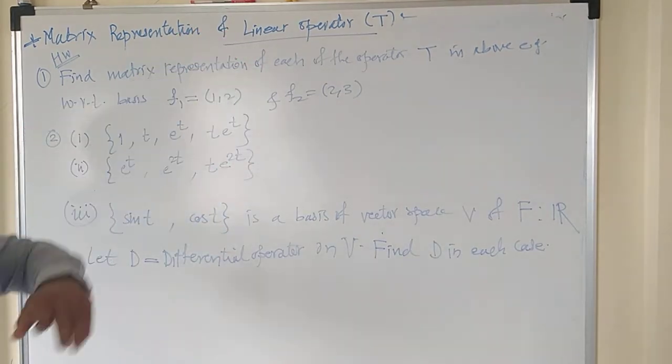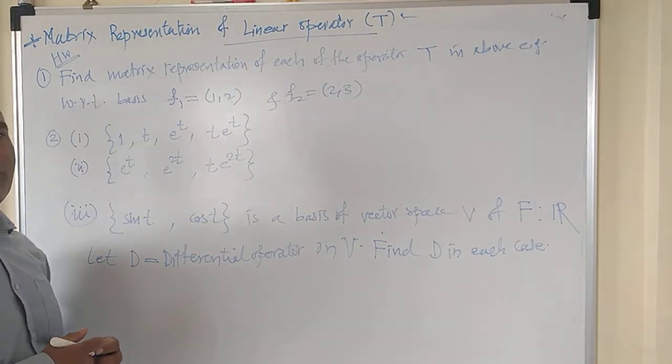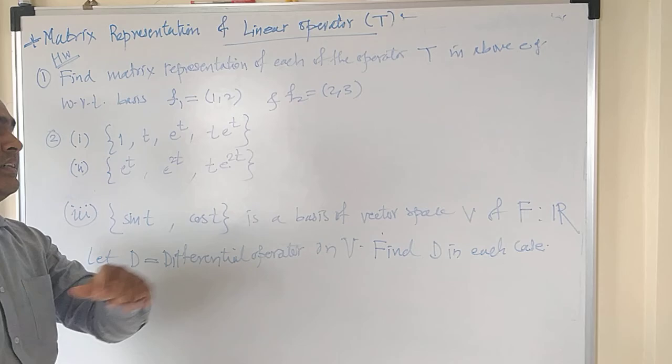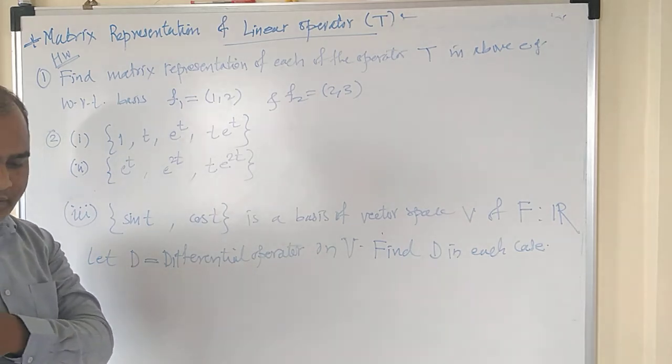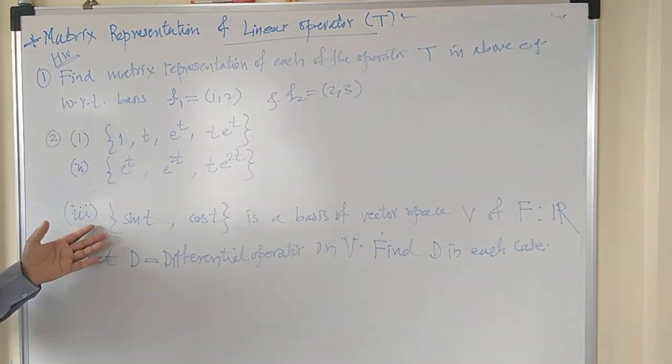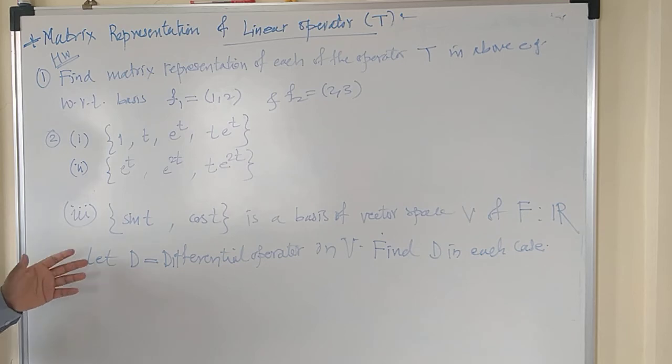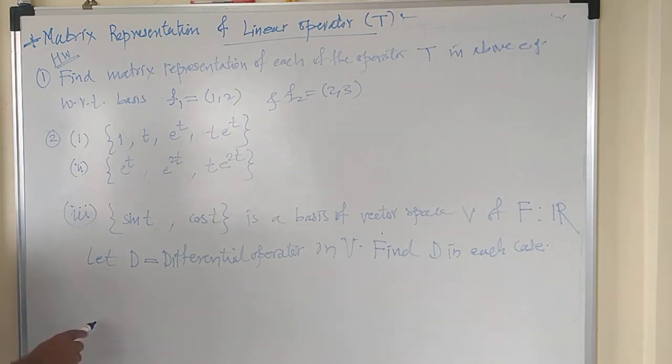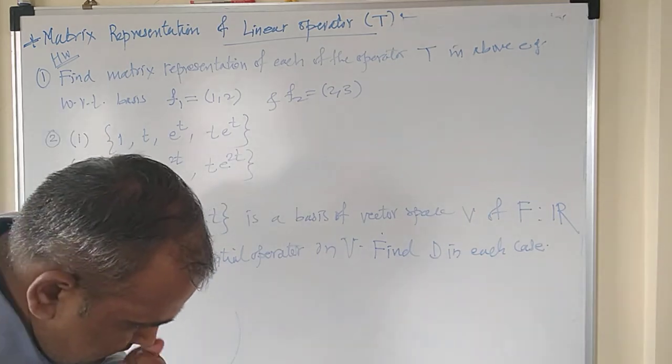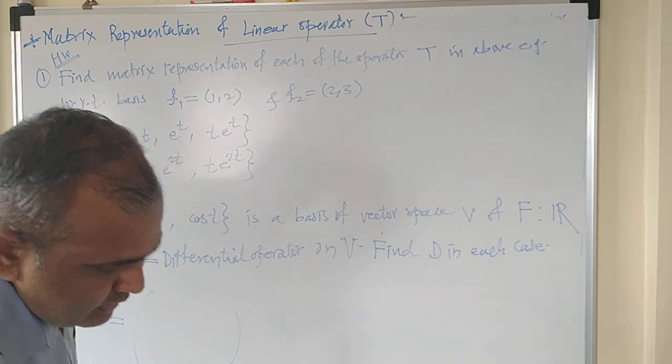Now in the above example, T is the linear transformation operator. Here D is the operator, right? So you are supposed to calculate its derivatives, and then you are asked to calculate the D matrix, right? So hope you can solve this problem.